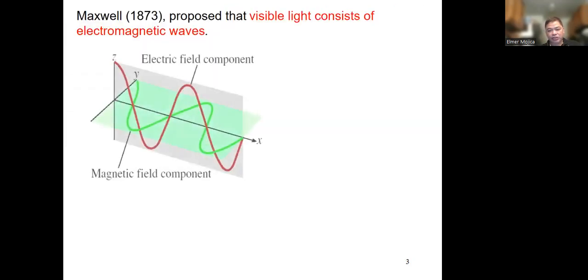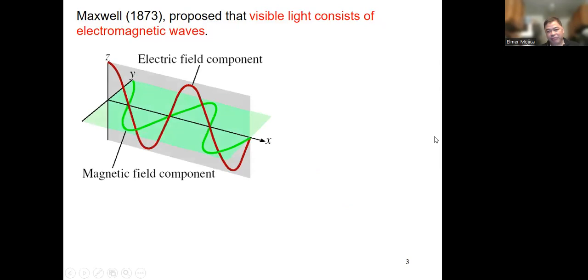And light as we know it is made of electromagnetic waves. That's what James Clerk Maxwell proposed, that whenever you have light, it has an electric field component and a magnetic field component. That's why you call it electromagnetic waves.